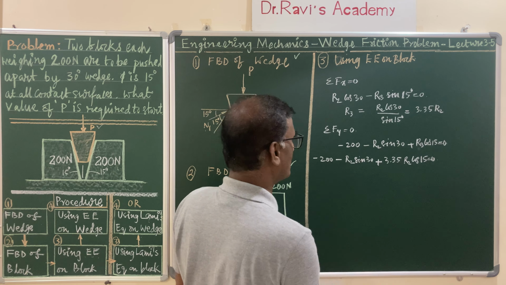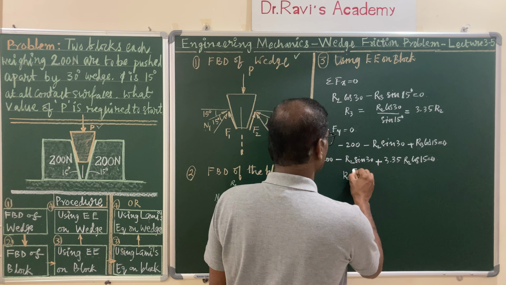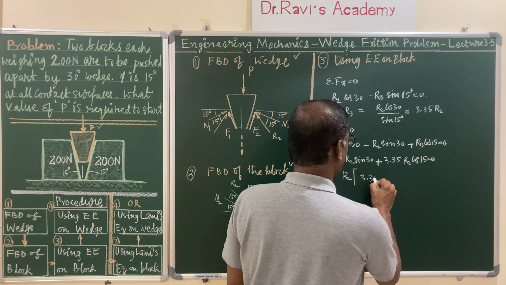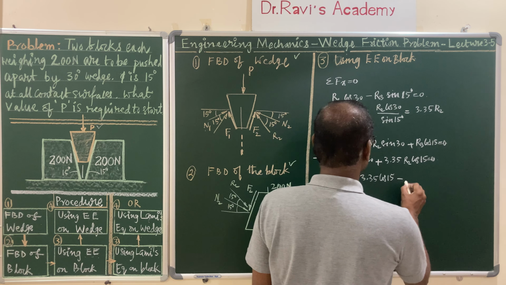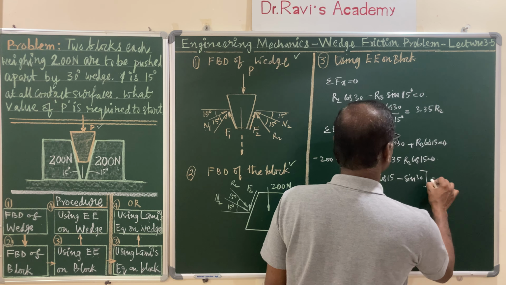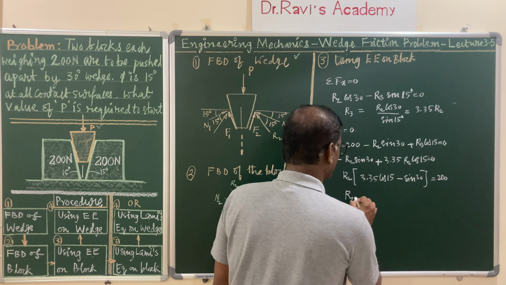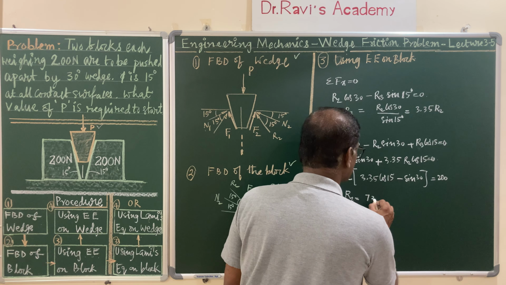So solve for R2. Taking R2 as common, you get R2 times (3.35 cos 15 minus sine 30) equal to 200, and when you calculate the R2 value, you get 73 newtons.